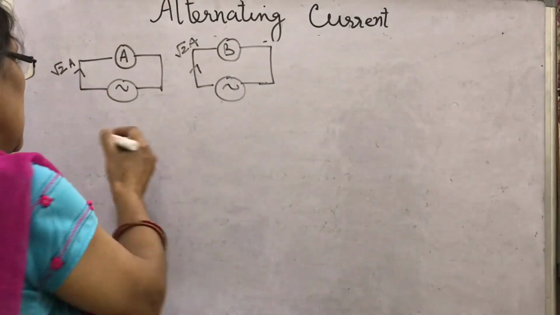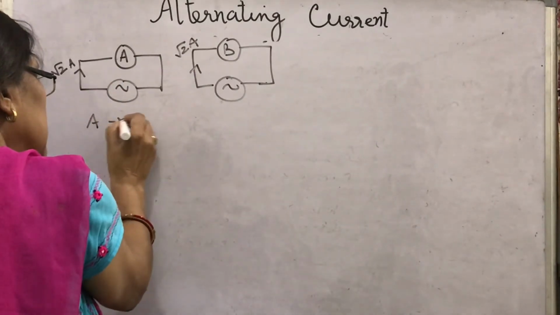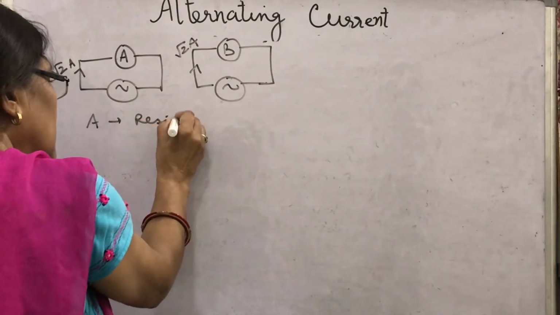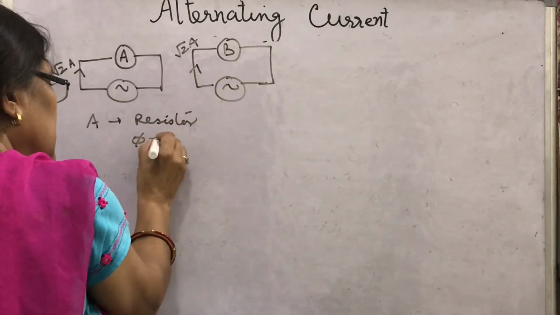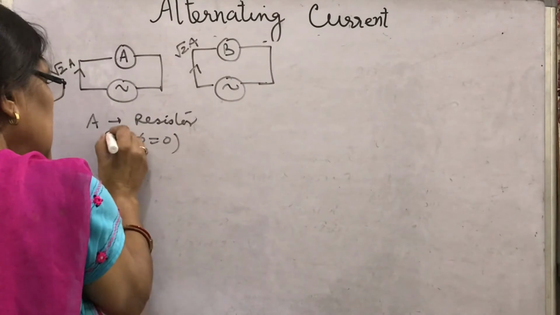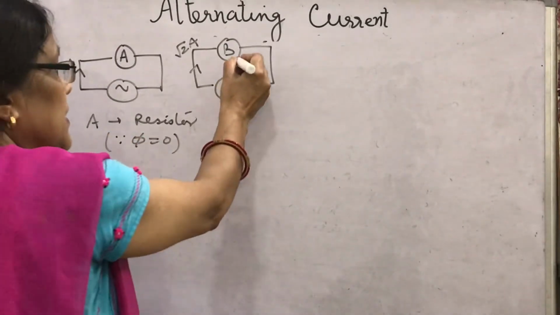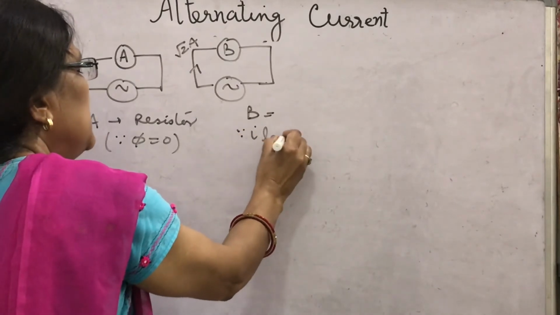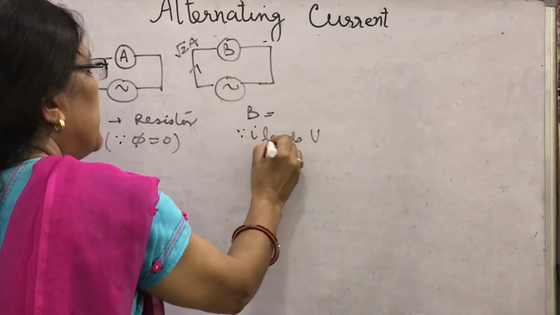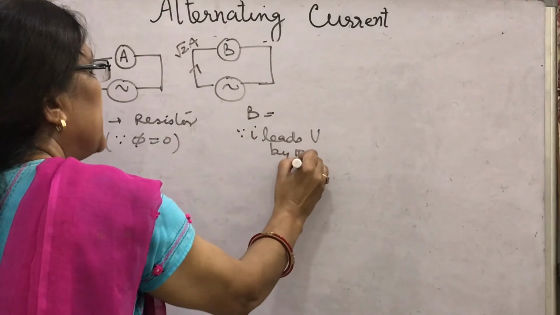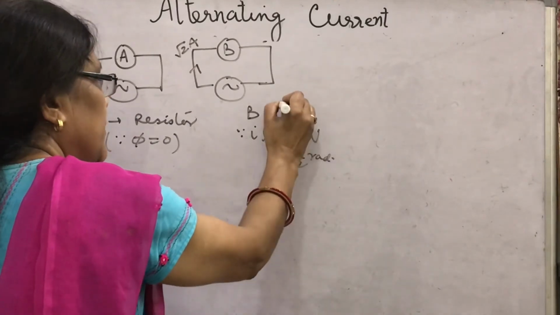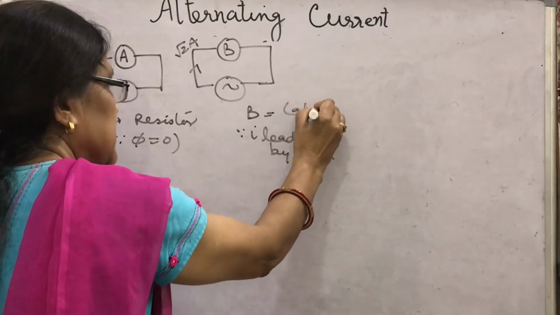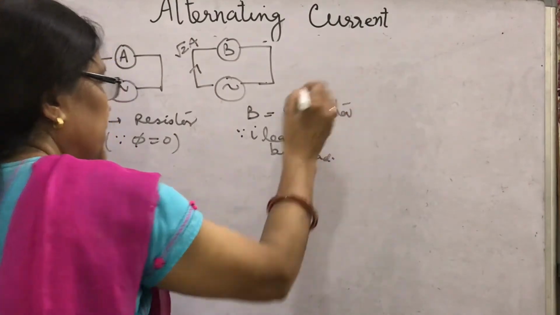What does it mean? It means that A is a resistor. Why? Because phi is 0. In case of B, since I leads V by pi by 2 radian, as given, therefore B is a capacitor.